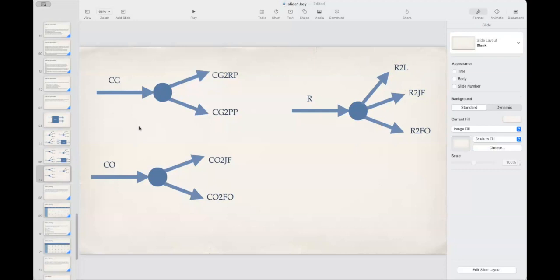Almost finished. The next one is the blending process. The blending process is kind of a virtual node because you don't pass through any physical process, just blending.